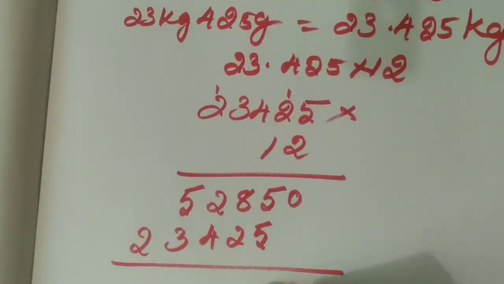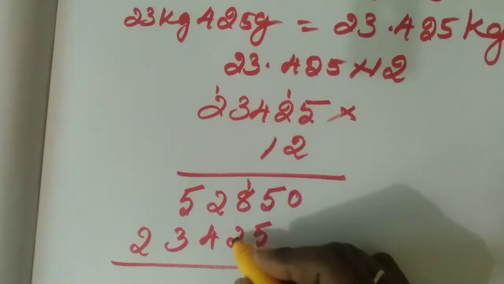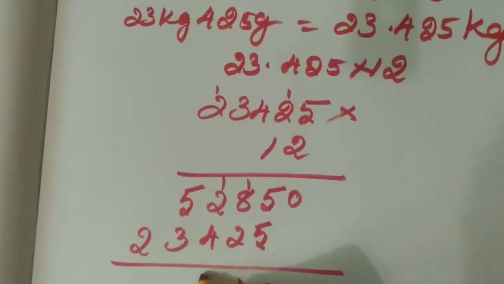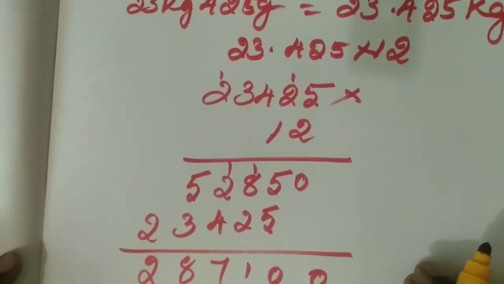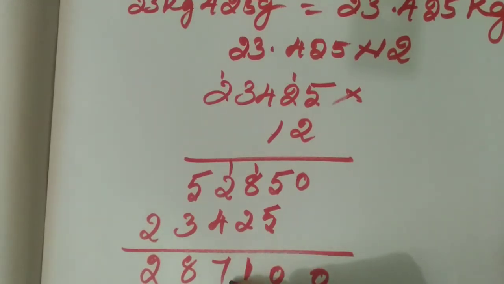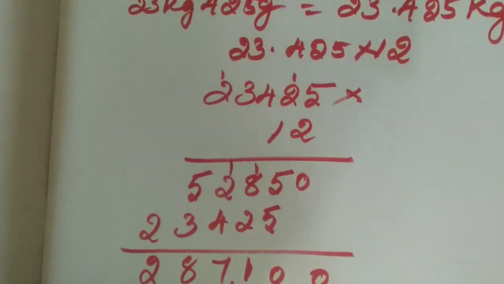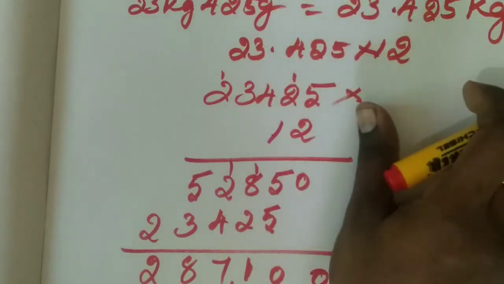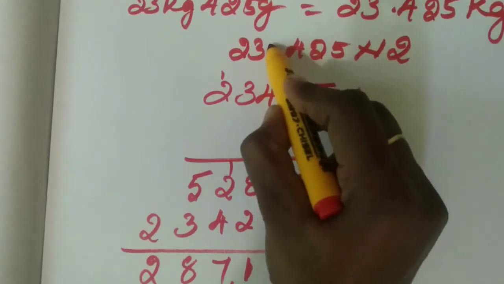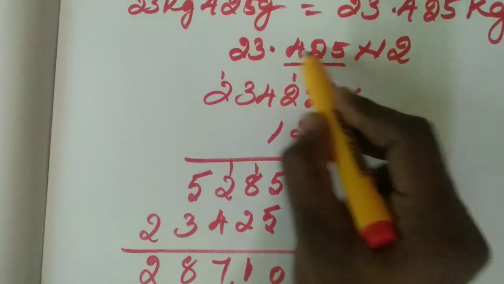Add them. 0, 5 plus 5, 10, 8 plus 2, 10, plus 1, 11, 1 carry forward, 2 plus 1, 3, 3 plus 4 is 7, 5 plus 3, 8, and 2. So you will get 281100. Don't forget about the decimal point. In the question, 23.425 kilogram, after the decimal point there are 3 digits.